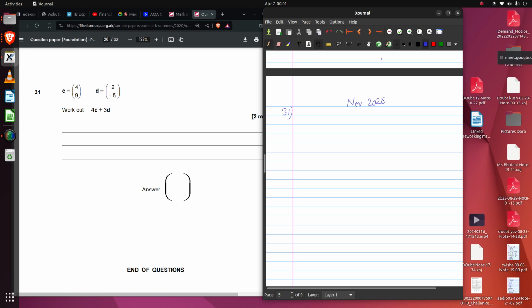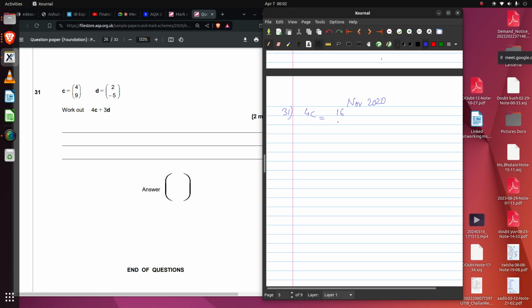Work out 4c plus 3d. You just have to multiply 4 with c.